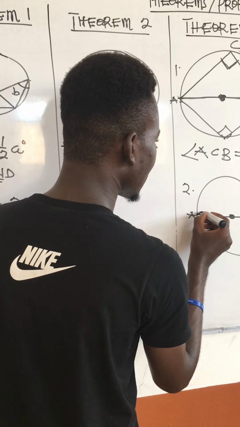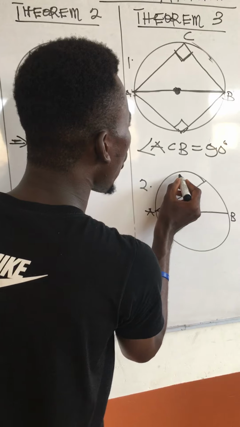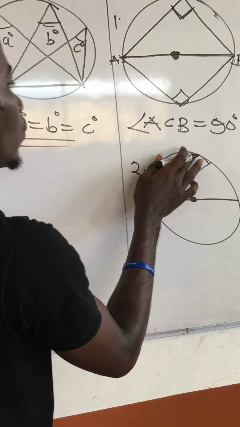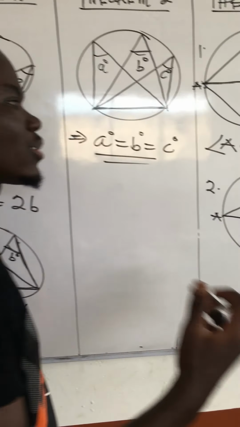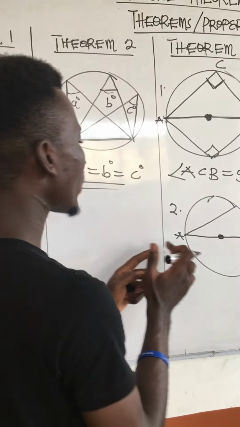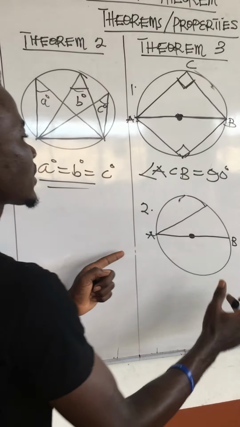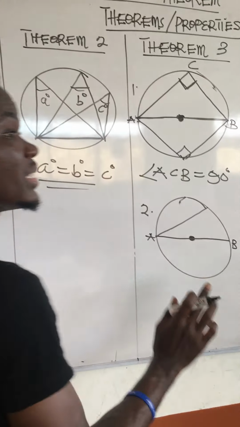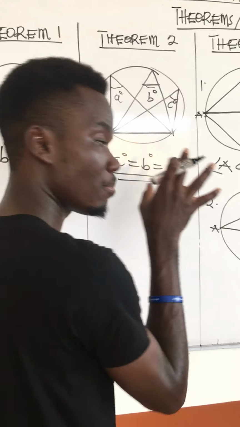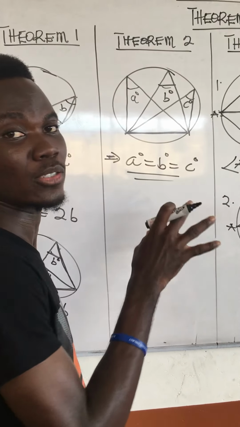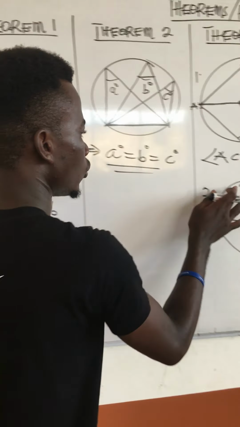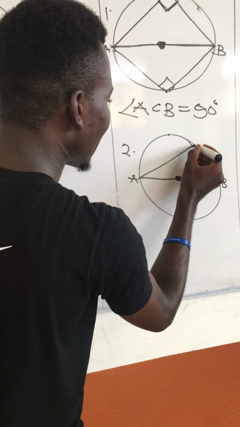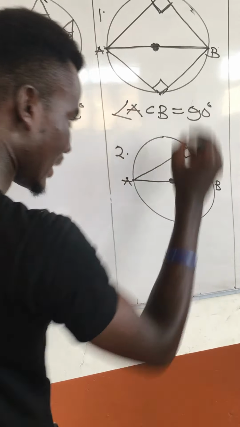I can just draw from here, not always here. There's no rule laid down that when a chord or a diameter forms an angle at one particular circumference point, it should always be on that same side. No, it shouldn't. It can also be at this side. It's still 90 degrees.